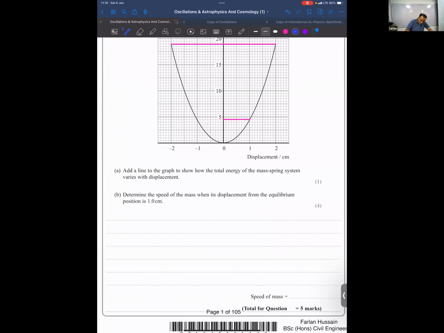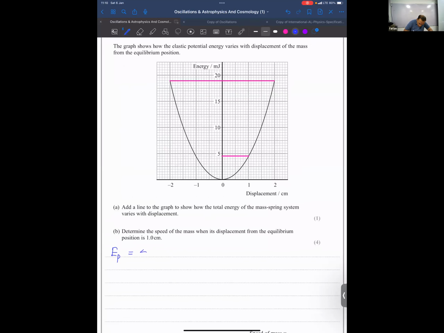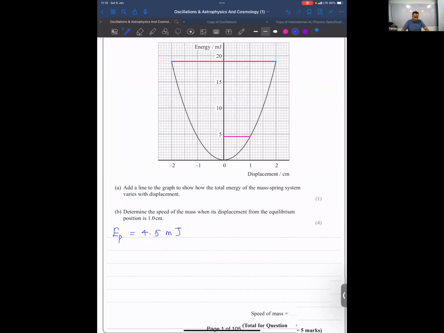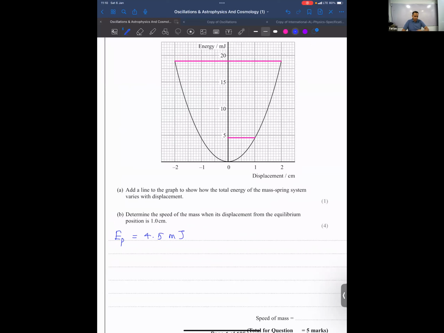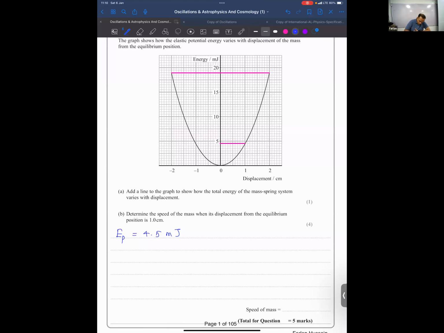Can you tell me what is the elastic potential energy? 4.5 millijoules, right? 4.5 millijoules. So if that is the elastic potential energy, tell me what is the total energy? 19 millijoules. At any instance, the total energy is 19 millijoules.